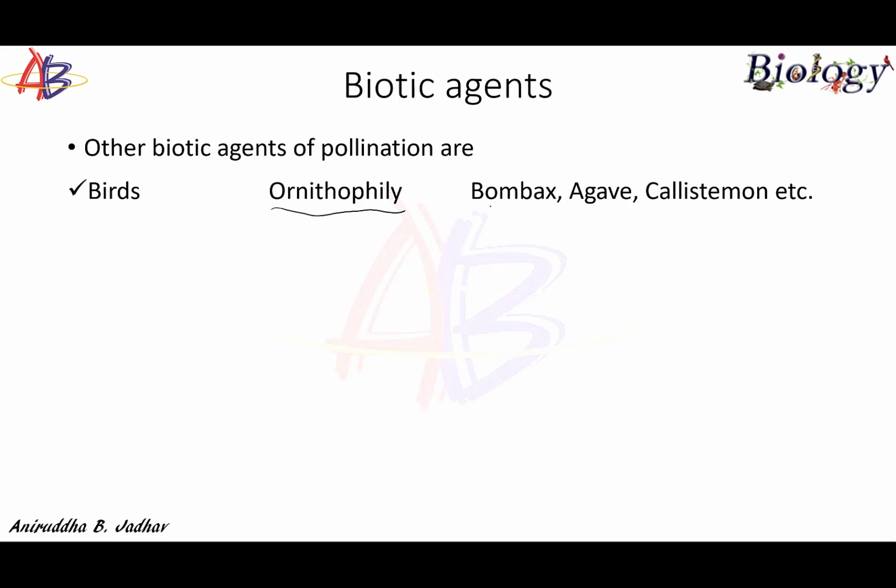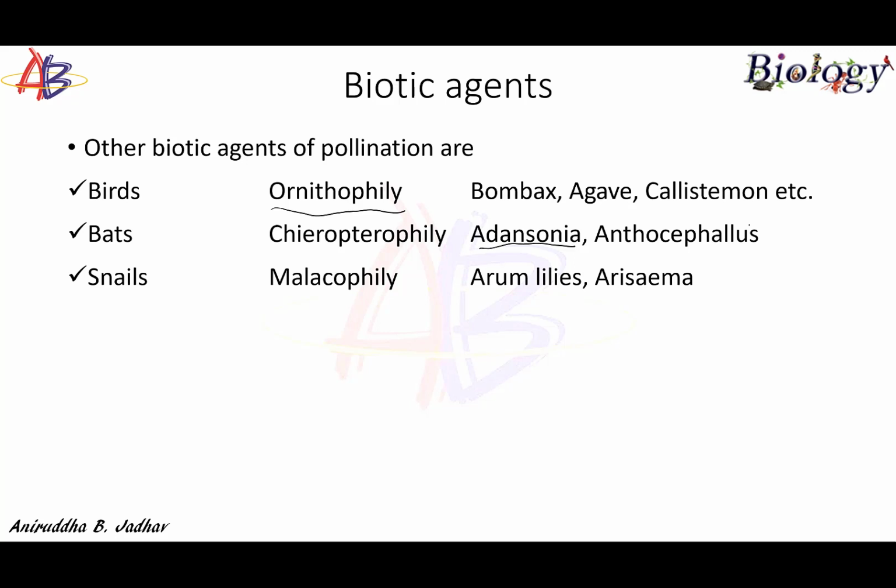And examples of plants include Bombax, Agave, and Callistemon. Then bats can also act as pollinating agents, and whenever bats are involved, it is termed as Cheiropterophily. The plants which are pollinated by bats include Adansonia and Anthocephalus.